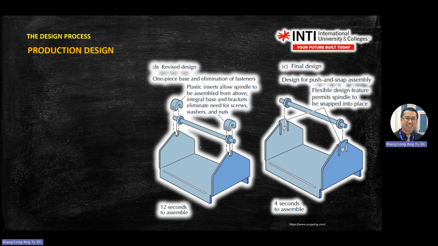You can pay your operator maybe 30 ringgit Malaysia per hour, standing at the station just to push. Compared to buying a robotic arm that costs a million just to push the thing, it's not worth it. So it reduces from 12 seconds to 4 seconds.